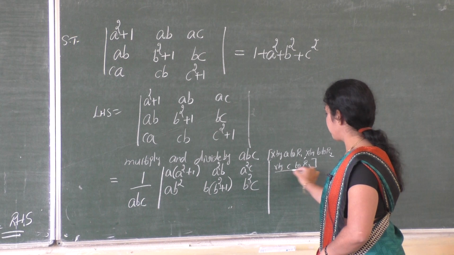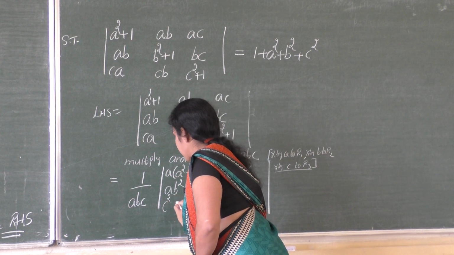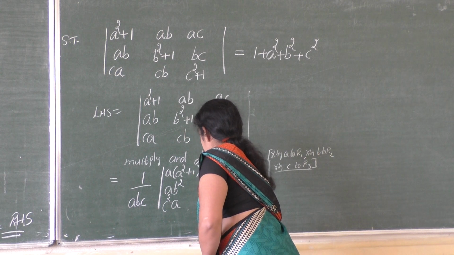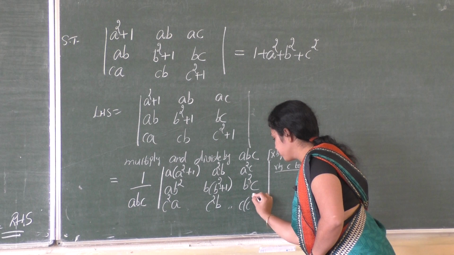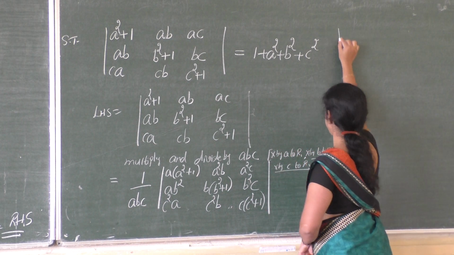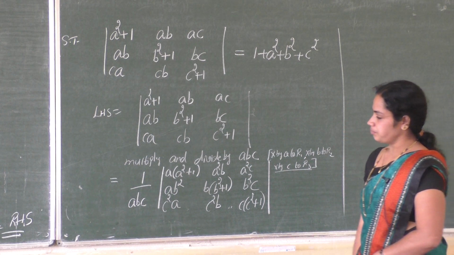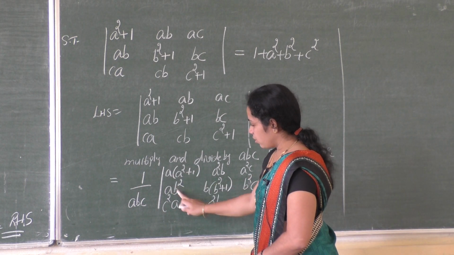Next, multiply by C to the third row: C square A, C square B, C into C square plus 1. Now see, we can take common from the first column.